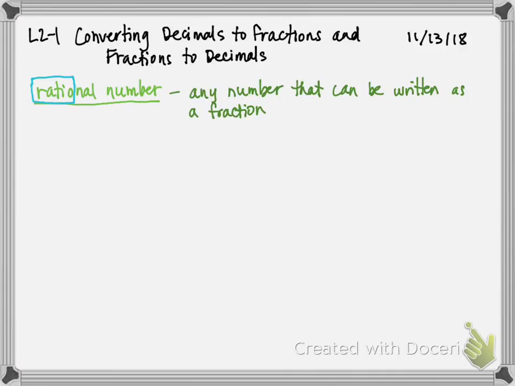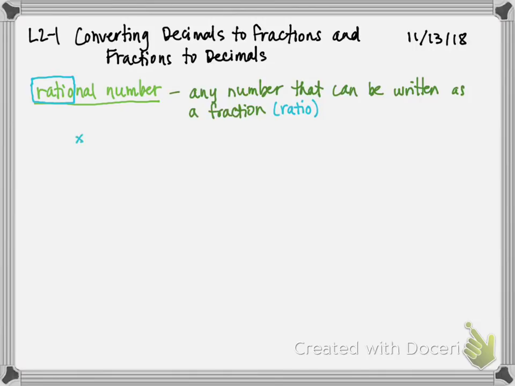Now, you might say, well, how does that have to do with that? Remember, a ratio is a fancy way of saying fraction. So we can take any whole number, any fraction, any decimal, and we can rewrite it as a plain old fraction.